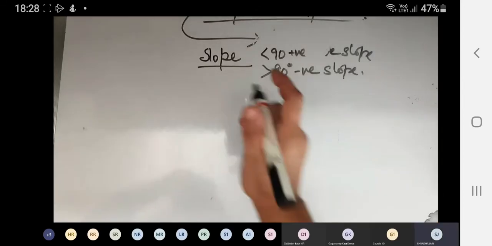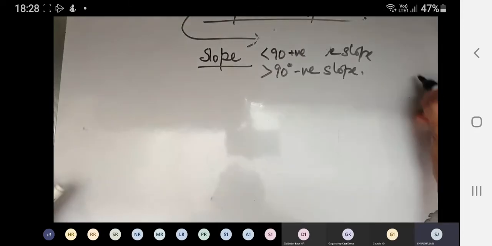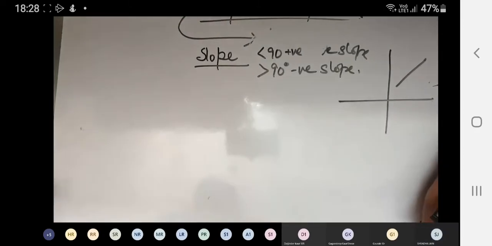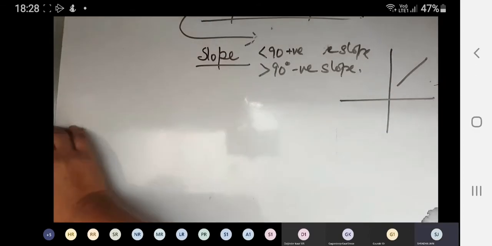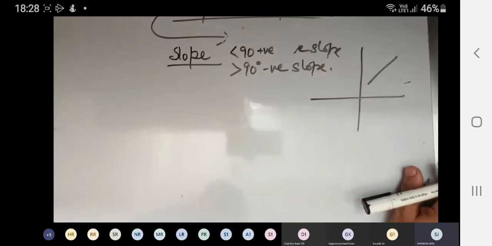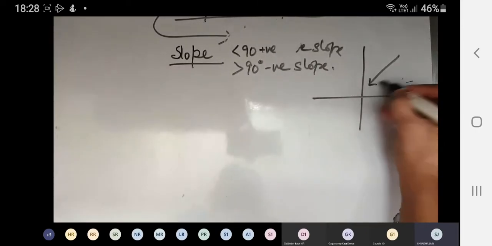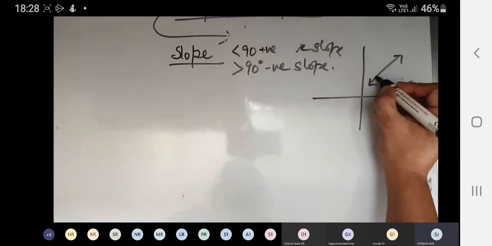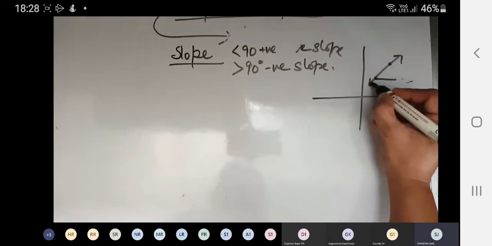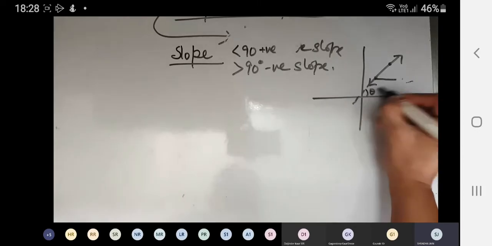Is it? Now slope means, for any line in the Cartesian plane, how to find the slope if it is inclined at angle theta.